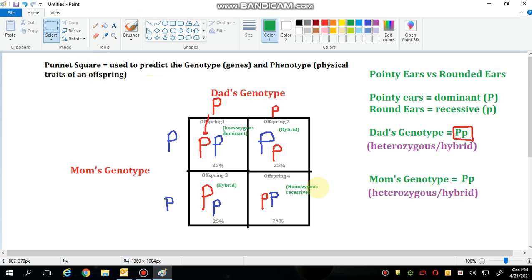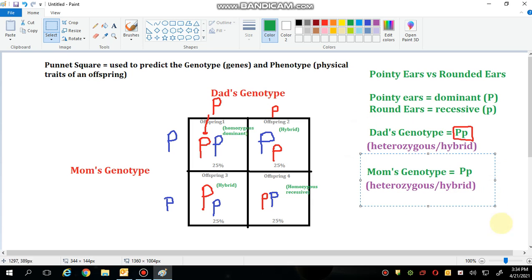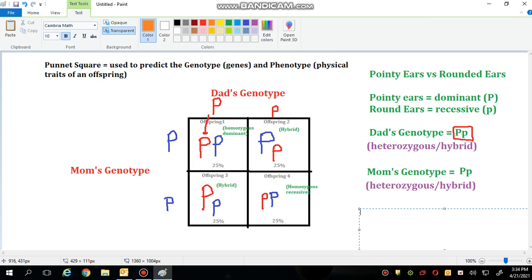Now, let's interpret this. Let us predict what the kids will have, in terms of their genetics, genotype and phenotype. So, starting with their genotype. Let me write over here, and I'm going to make it a little bit larger for you to see. We're trying to predict the kid's genotype.